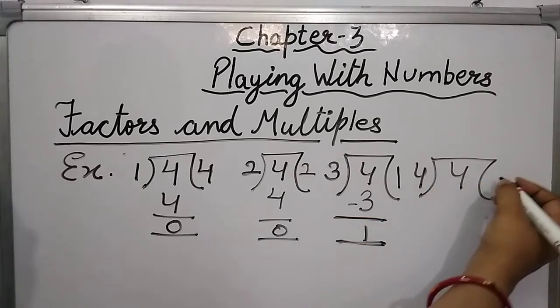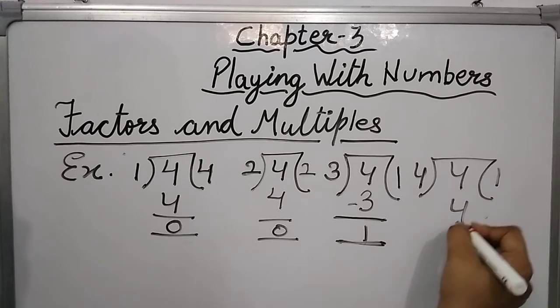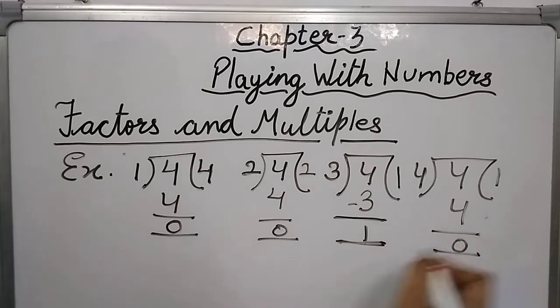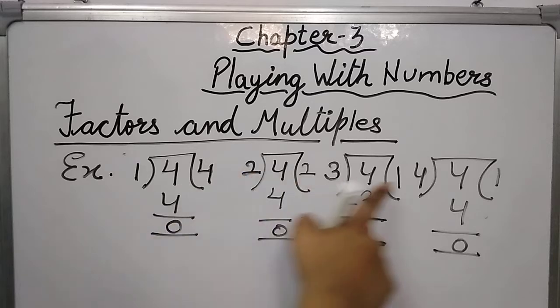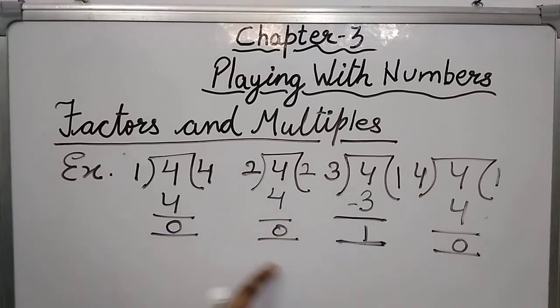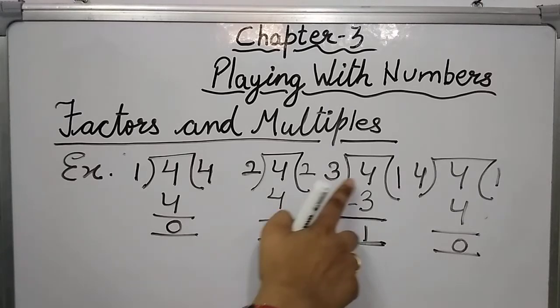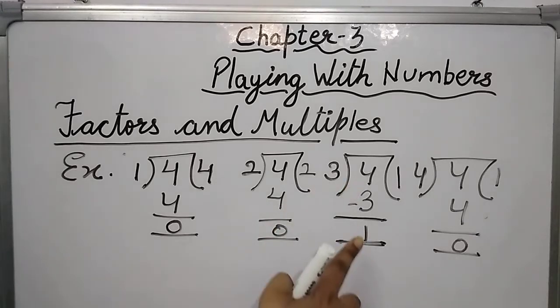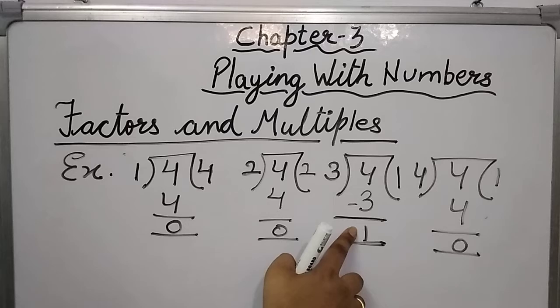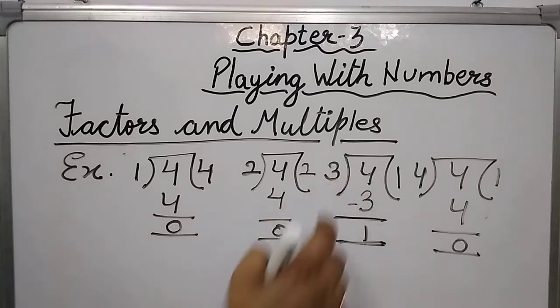On dividing 4 with 4, quotient is 1 and remainder is again 0. So by this experiment, she concluded that 1, 2 and 4 are the only numbers which can divide 4 exactly. 3 cannot divide 4 exactly because the remainder is 1 when 4 gets divided by 3.